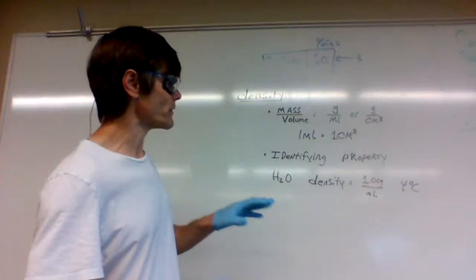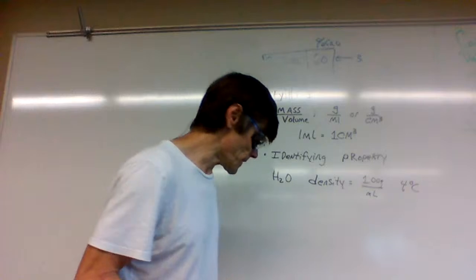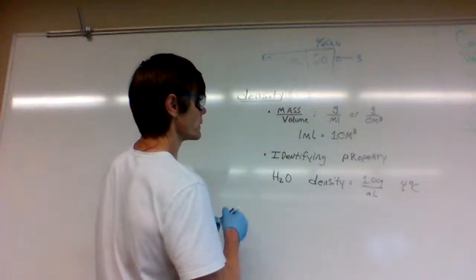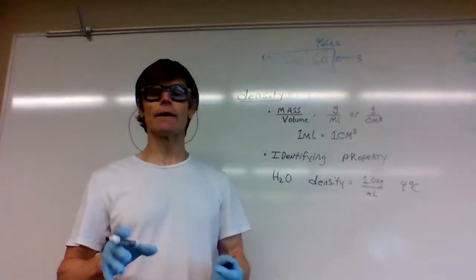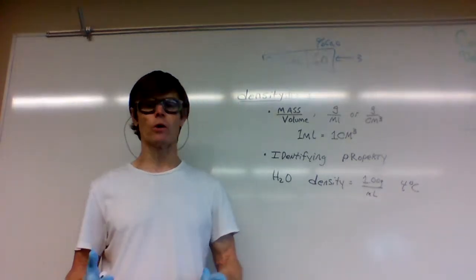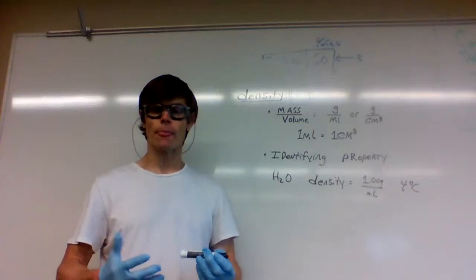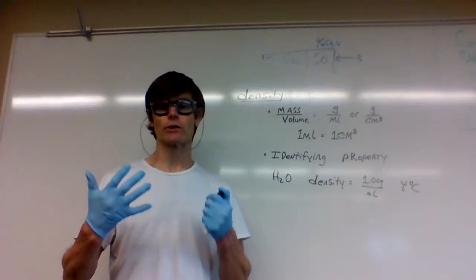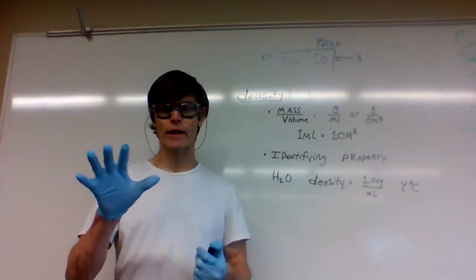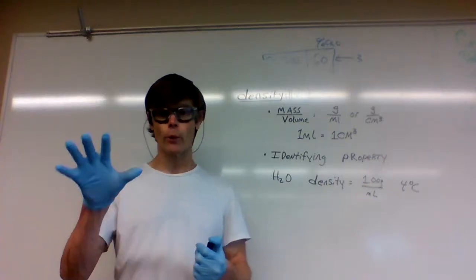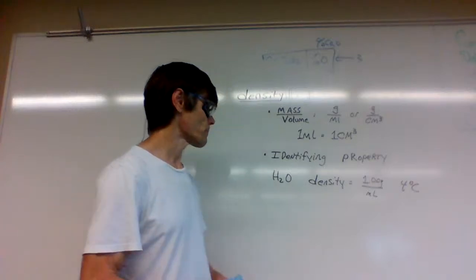And the reason why this would have the same numerical value is that 1 milliliter is defined as 1 cubic centimeter. So if anybody ever saw a hospital TV show, or if you work in a hospital and you need to give a patient 5 cc's of a particular drug, what you're actually giving them is 5 cubic centimeters, which is also equivalent to 5 milliliters of that particular drug.